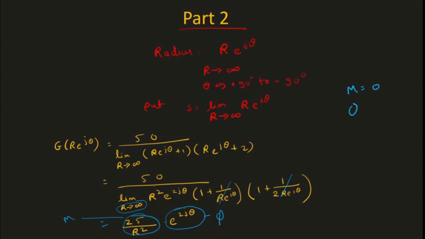And this direction phi will be e raised to 2 times j theta, where theta varies from plus 90 degree to minus 90 degree. So e raised to 2j theta, theta is varying from 90 to minus 90, so this phi will vary from minus 180 degree to plus 180 degree. So there will be a circle of magnitude 0.